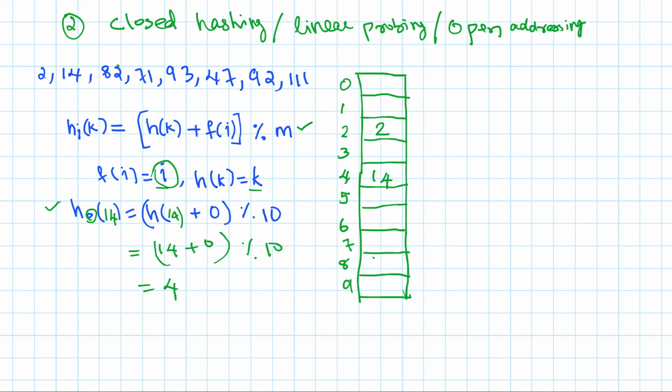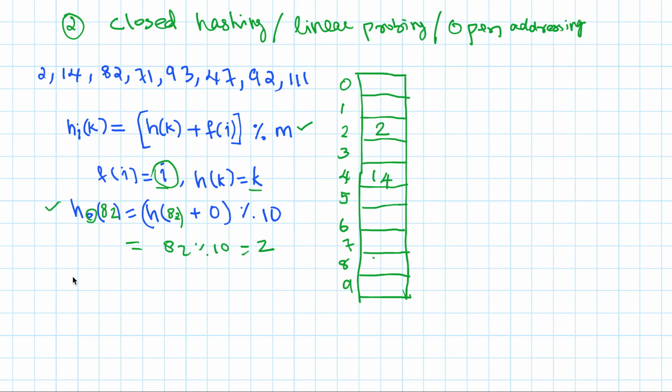Next we have to insert the number 82. So if you start doing the same procedure, now if you want to insert the number 82, I will be writing 82 here. So this will be h of 82 plus 0 modulo 10. So this will be 82 modulo 10 equal to 2. But you look at the location 2, what happens? Because this position is already occupied, we are not able to insert at this location.